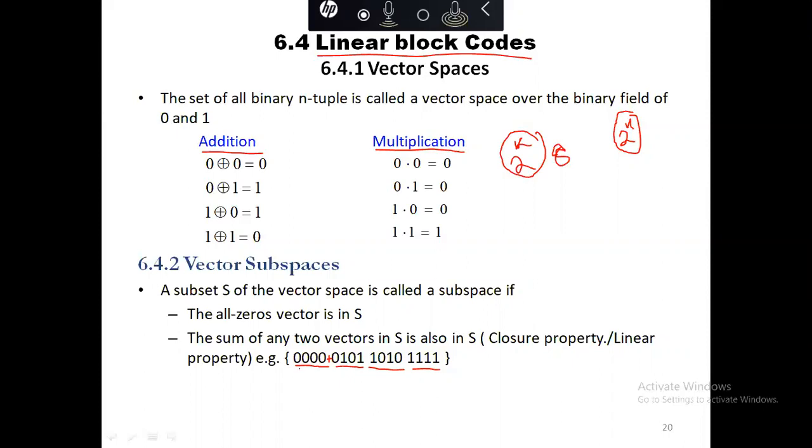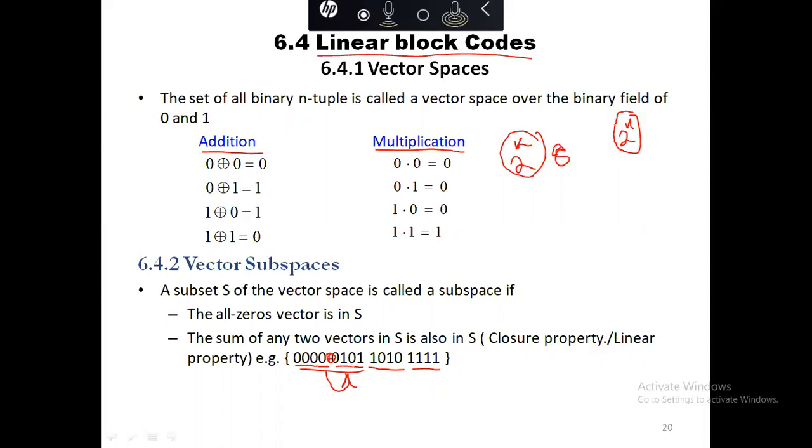That sum will be another code word in the vector space, which is in that code itself. It is not addition, it is in fact exclusive OR. By exclusive OR of zeros with any of the code, it is the code word itself.